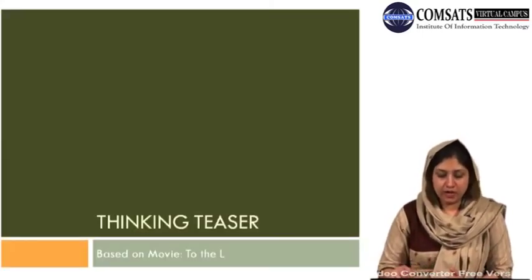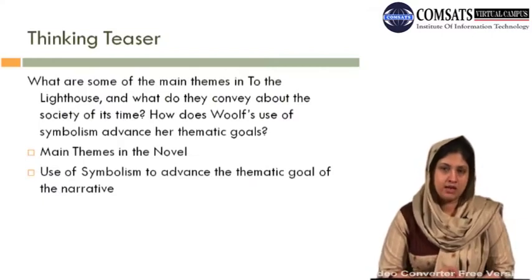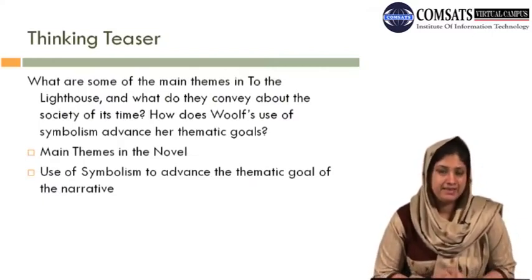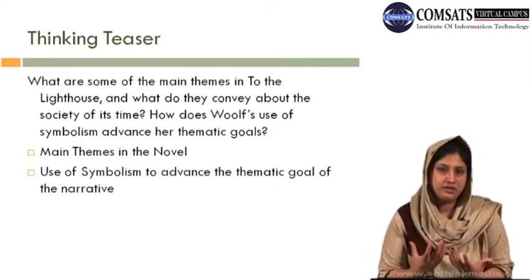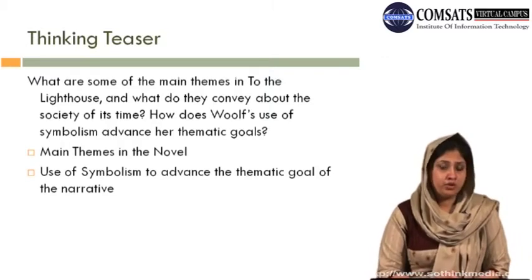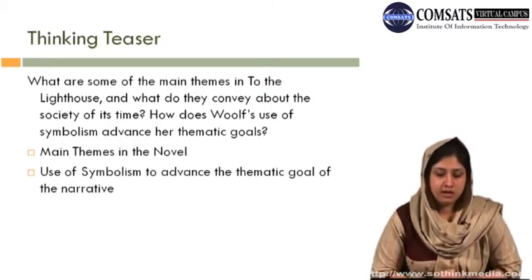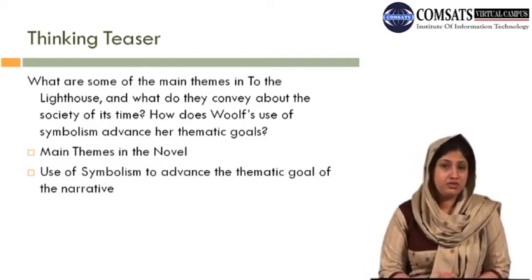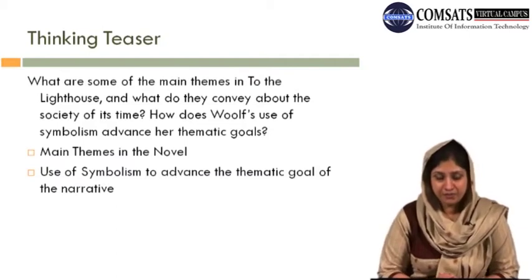Well, the questions we are going to discuss in our today's discussion are going to be basically the essence of the critic's concern. The very important question includes the existence of main themes in the story and what they convey about the society of the 20th century.